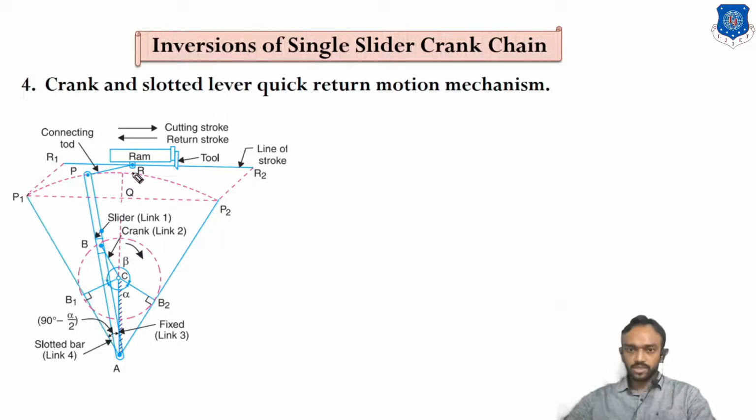So these are the 2 positions shown in this figure. This is the extreme position of the lever or slotted bar, and this is the extreme position of the crank.